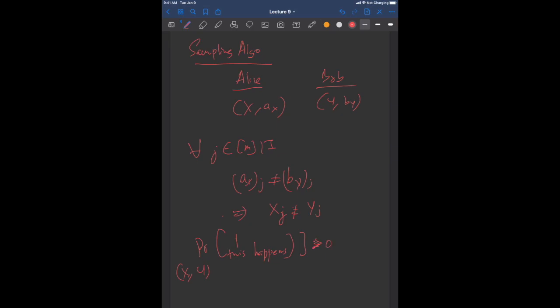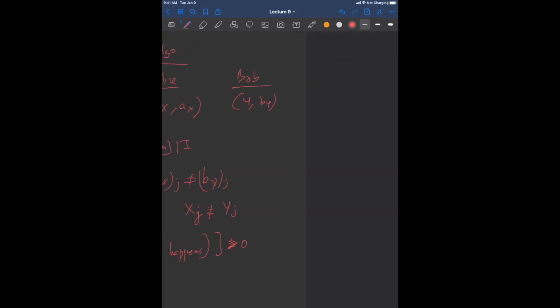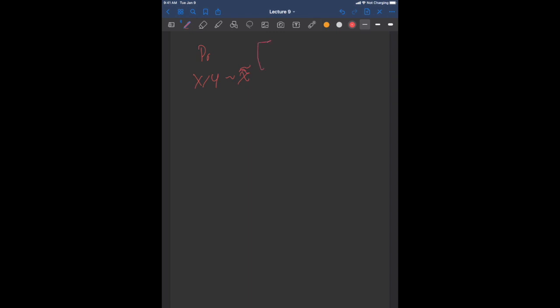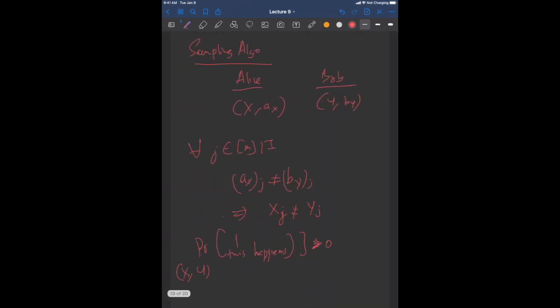Okay, so what are we going to do? We are going to prove something stronger. We will show that if you sample (x, y) from X tilde tilde, this is where we are going to sample from, then for all unrevealed rows j, x_j is not equal to y_j. We'll show that this probability is non-zero. If this is satisfied, irrespective of whether A_x[j] is not equal to B_y[j], then we are done.